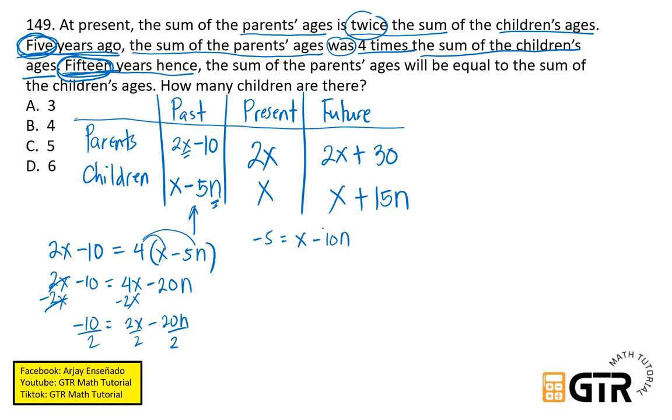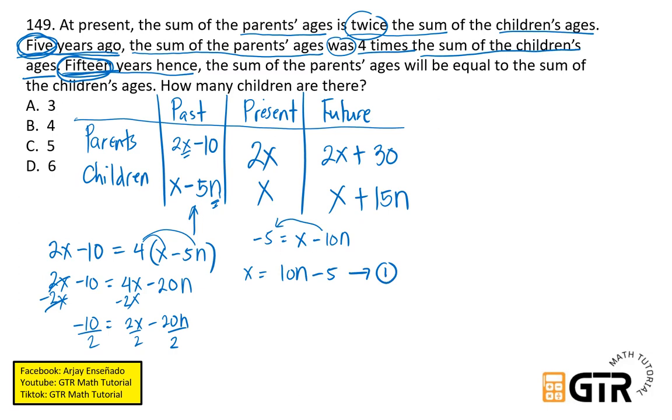So, isolve lang natin yung x, yung negative 10n, ilipat natin sa kabila. So, therefore, x is equal to negative 5. So, itong negative 10n, ilipat sa kabila. So, that will become positive 10n. So, at the same time, pinagpalit ka ng pwesto. So, we have x is equal to 10n minus 5. So, ito na yung equation 1 na simplified. Okay?